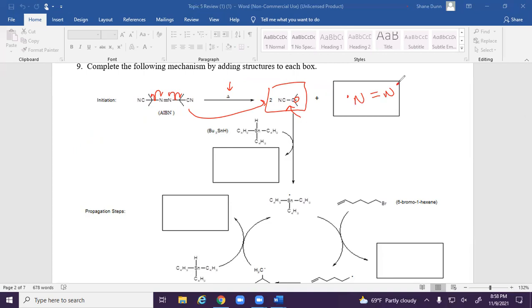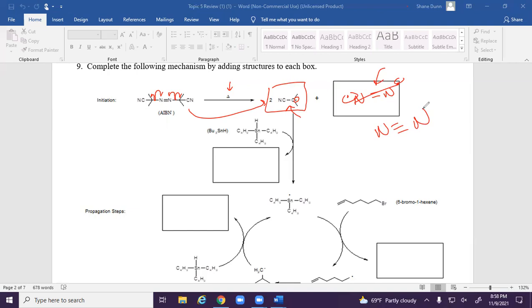Do radicals like to be right on top of double bonds? Yes or no? Is that stable? Is this stable? No. What happens is it takes two electrons and it forms a triple bond instead, because that's way more stable than a double bond with two radicals.